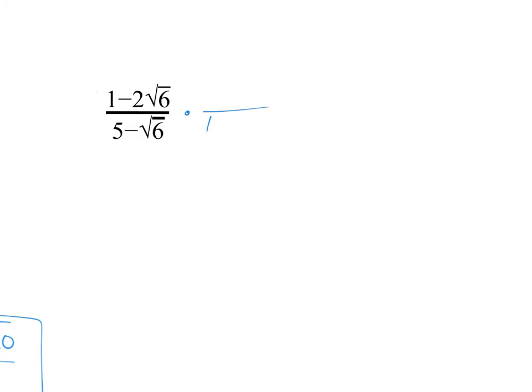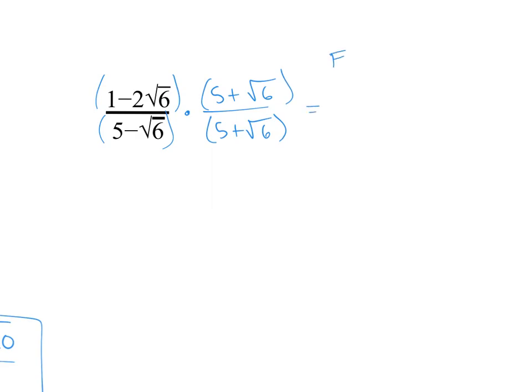So we're multiplying both sides by 5 plus the square root of 6. So multiplying those two things together, up top, make sure we FOIL. On the bottom, we can take a little shortcut and just multiply our first and last terms.